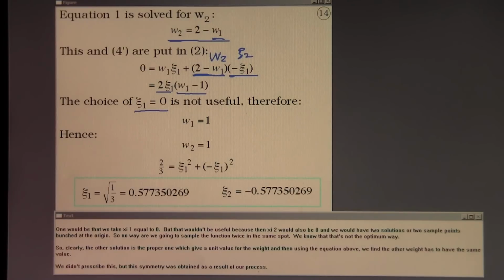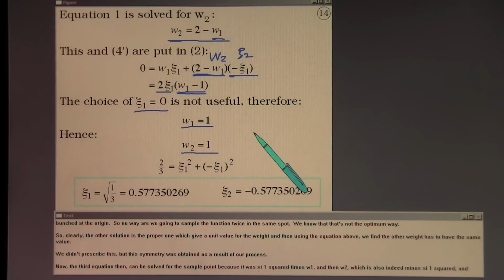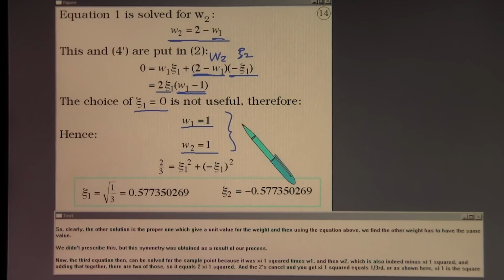So no way are we going to sample the function twice in the same spot. We know that that's not the optimum way. So clearly the other solution is the proper one, which gives a unit value for the weight. And then using the equation above, we find the other weight has to have the same value. We didn't prescribe this, but this symmetry was obtained as a result of our process.